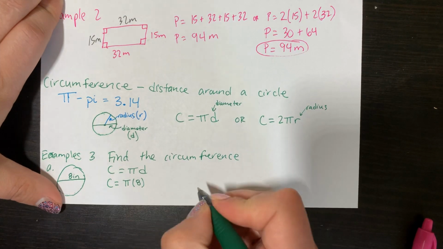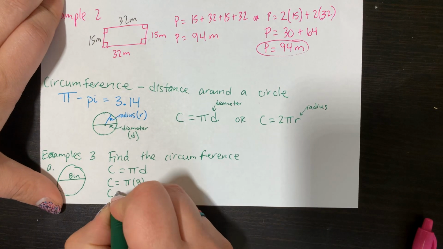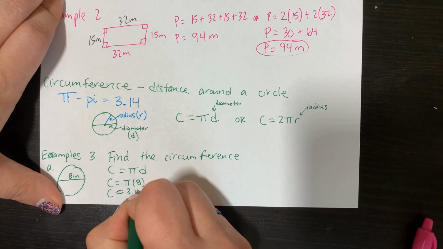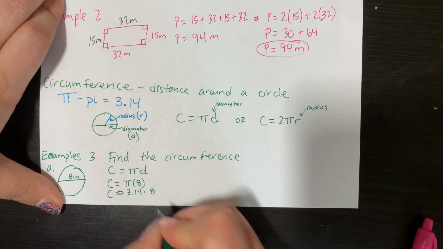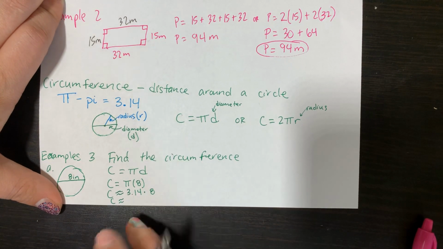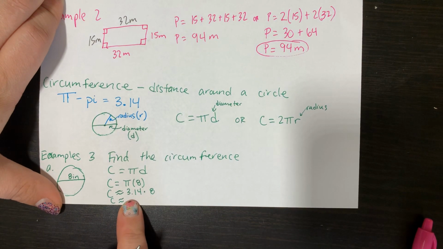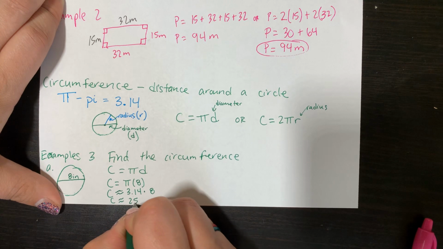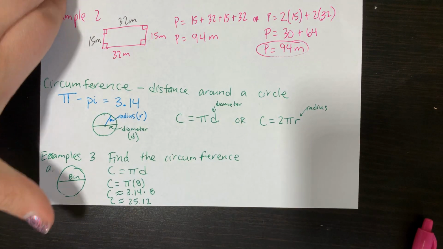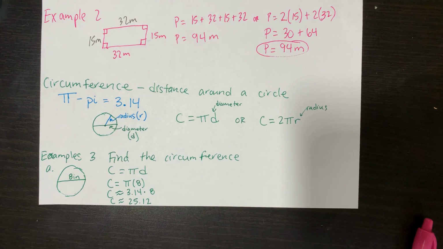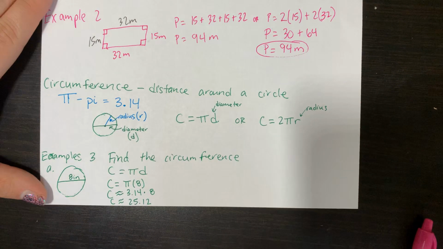So now we could plug this into our calculator. Remember, this is our approximation since we're approximating pi. We're going to use 3.14. In your calculator, you're going to do 3.14 times 8, and that'll give us approximately 25.12. Remember, we always need to add our units.